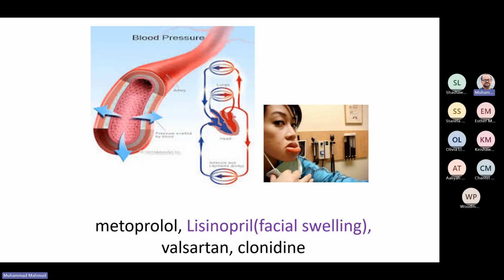So facial swelling, one of the common problems with lisinopril. For valsartan or losartan, people may have orthostatic hypotension. That means they experience lightheadedness, dizziness when they stand upright from sitting or lying position.